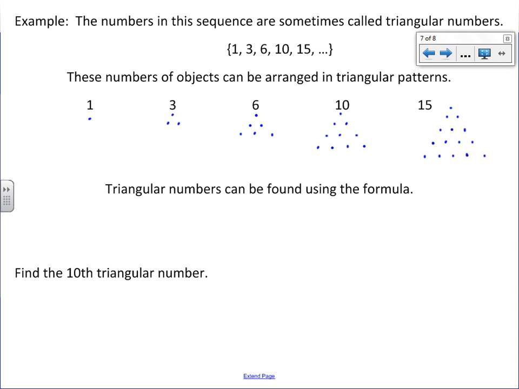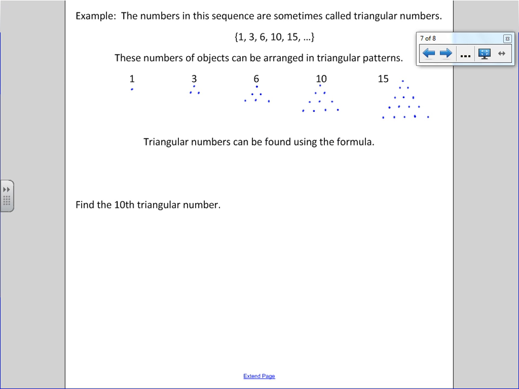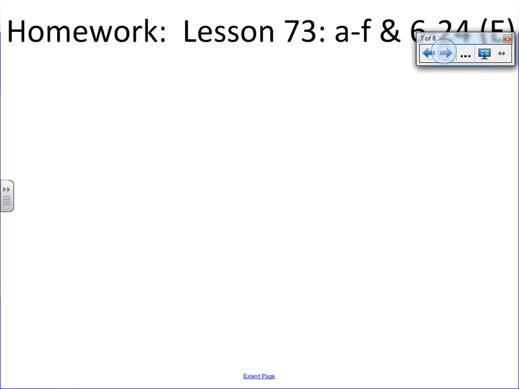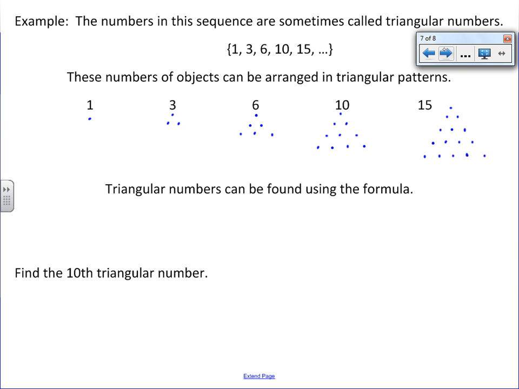Okay, so they can be found using the formula. And why is it not there? What the heck? Well, the formula a sub n equals n times the quantity n plus 1 all over 2.